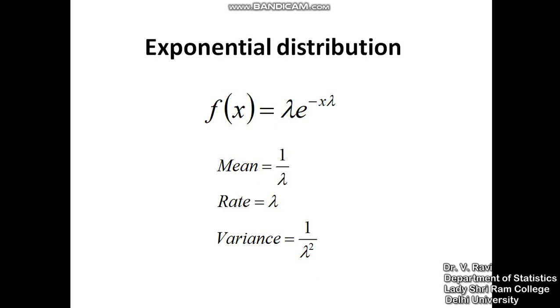Let's take an example. Suppose that a customer arrives at a service center, and for the service center to respond to the customer, it takes, let's say, 15 seconds. So the mean service time of a customer is 15 seconds, and the rate at which the organization services the customers is 4 customers per minute.